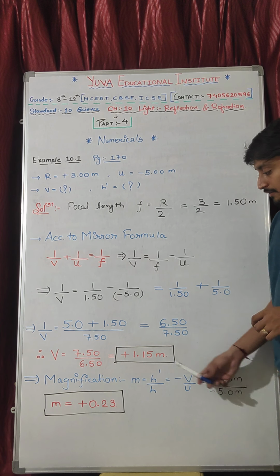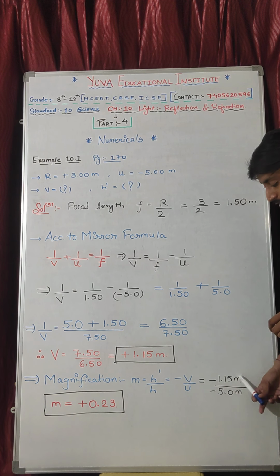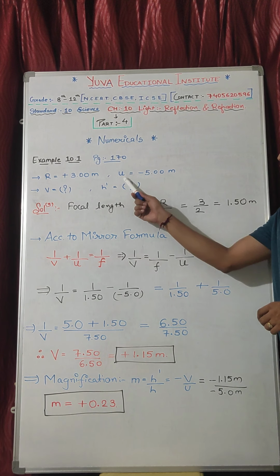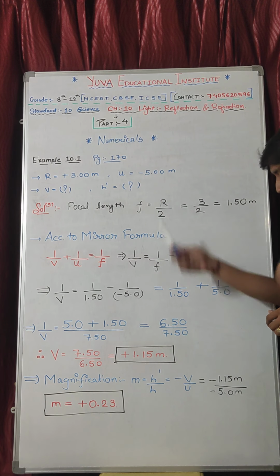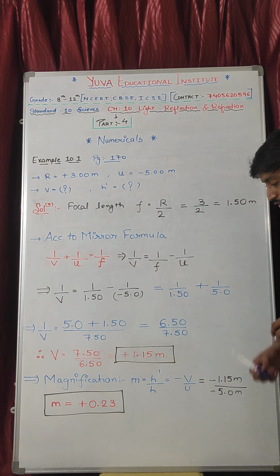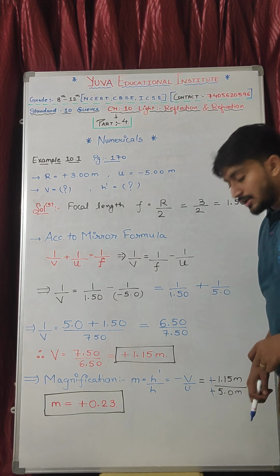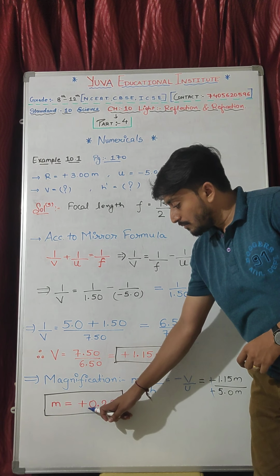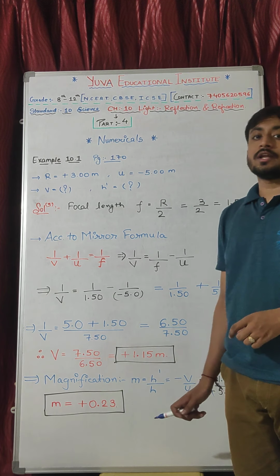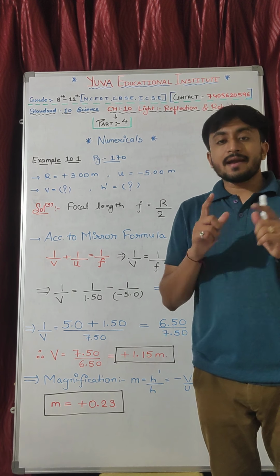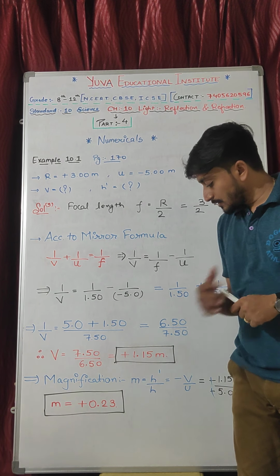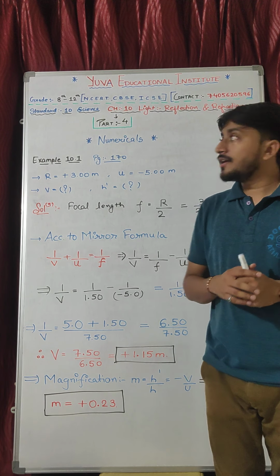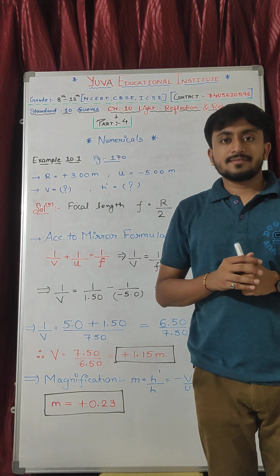Now value of v we have found here, 1.15, that is minus 1.15 divided by value of u, you can take from here, that is minus 5.0. This minus and minus will cancel out and you will get finally m is equal to plus 0.23. Plus 0.23 is the magnification. Clear with this?